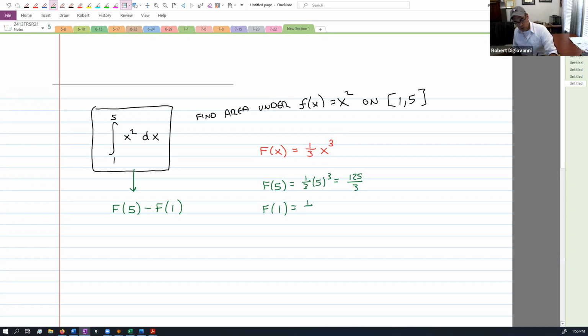F of 1 is just 1/3. Now I subtract those. So 125 over 3 minus 1/3 is 124 over 3, which is going to go in there 41.33 forever.